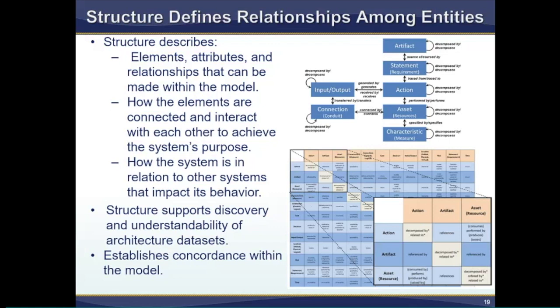This helps us to understand. This helps us to establish the concordance. This helps us to understand behavior. Helps us to understand traceability within the system. So, for example, if we have a requirement, we're able to see where that requirement is related to in the system without having to look for that requirement and compare that to this diagram, or look at requirements at the various levels of the requirements hierarchy, if you have a requirements hierarchy that you work with, which we typically do.